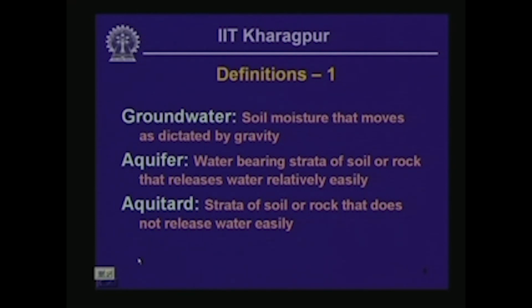Now, what is meant by groundwater? Groundwater is essentially a portion of soil moisture that moves relatively easily as dictated by gravity. Then the second definition that you need to consider here is aquifer. What do we mean by aquifer?